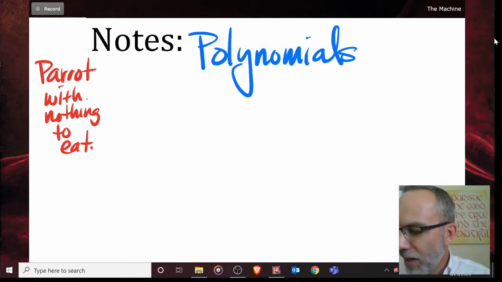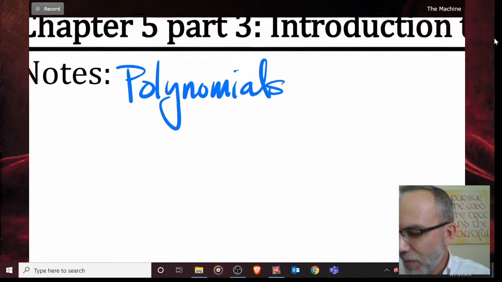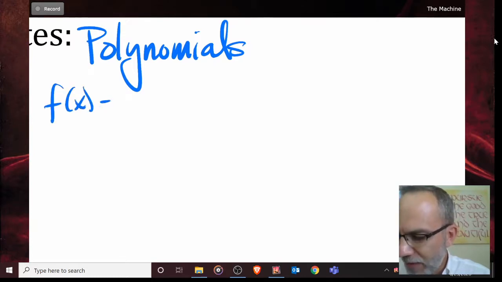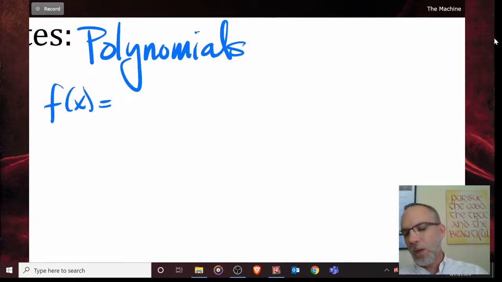All right, so the book's definition of a polynomial would be a function in the form of f of x is equal to, and follow along with me here.